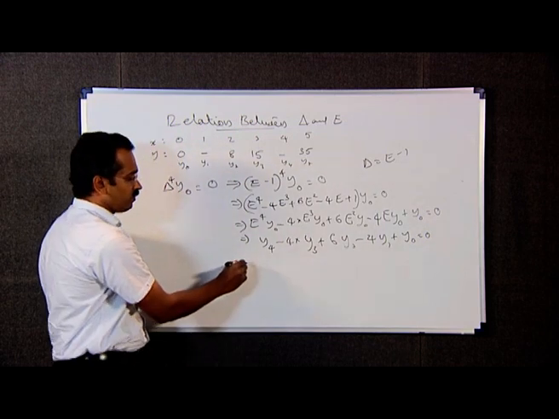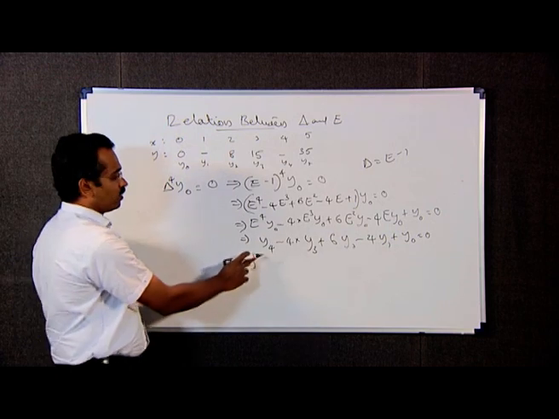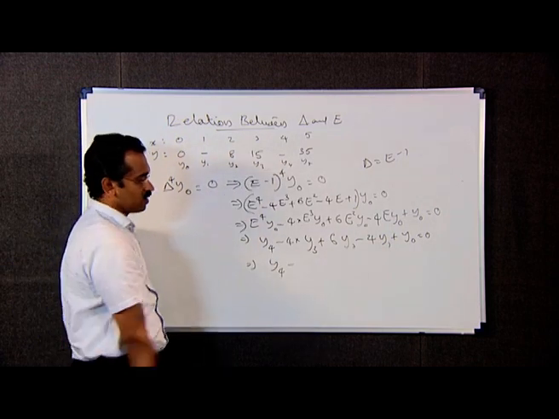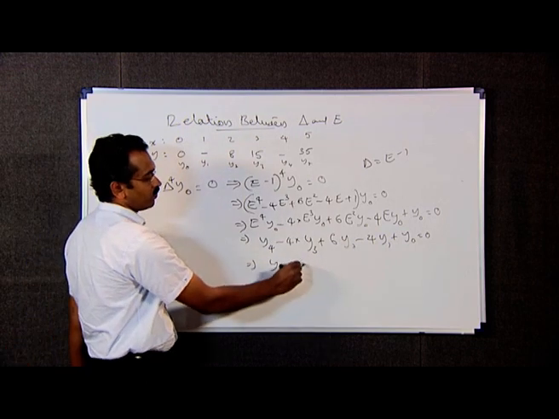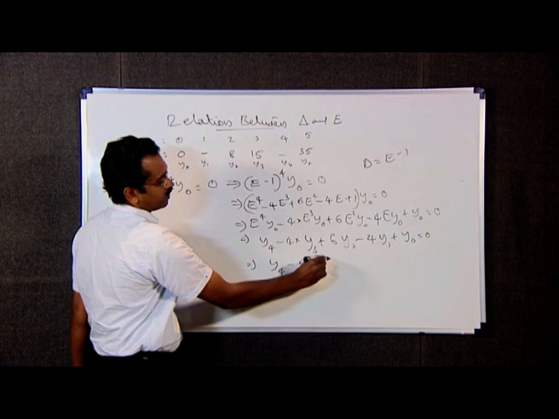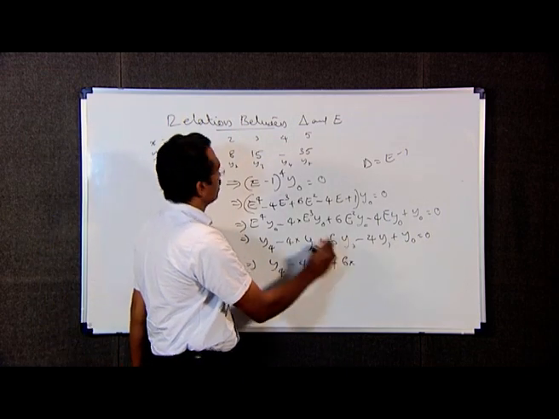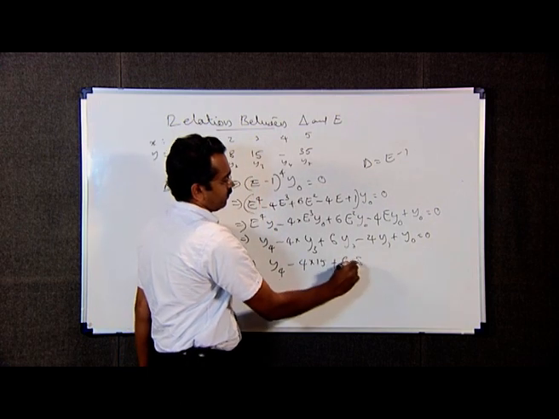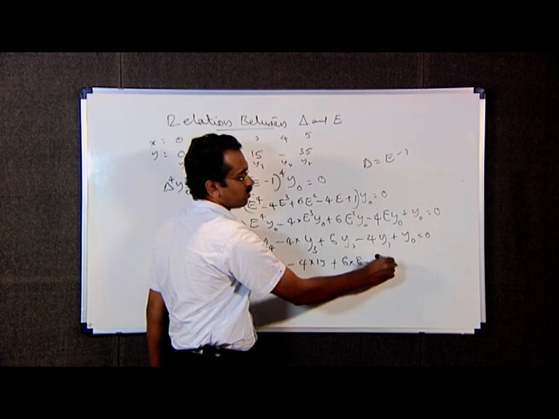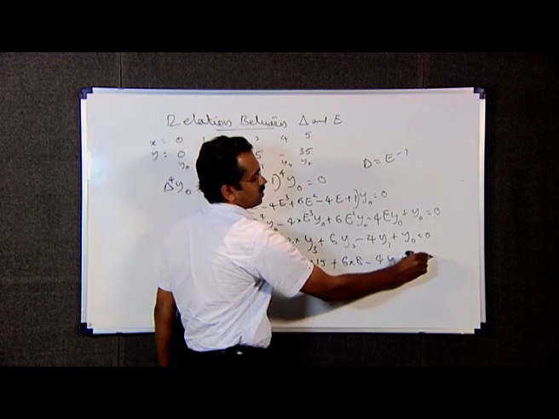Which implies, by the substitution of values of y, y4 is unknown, minus 4 into y3 is 15, 4 into 15, plus 6 into y2, y2 is 8, minus 4 into y1, which is unknown, plus y0, y0 is 0, is equal to 0.